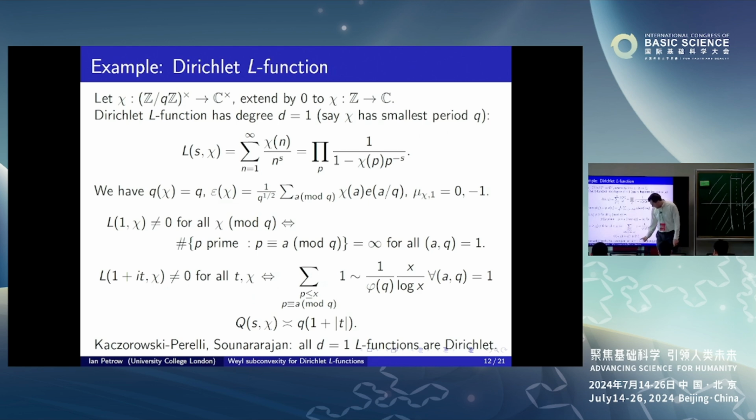I want to draw your attention to the fact that the analytic conductor of this Dirichlet L-function is now roughly Q times T. That's our benchmark for the complexity of this L-function. You can understand that in terms of the approximate functional equation: it always takes about the square root of the analytic conductor terms to represent an L-function up to a small error term.